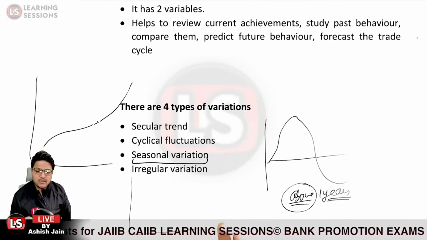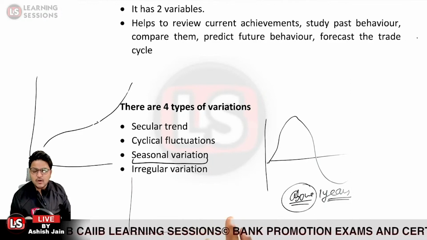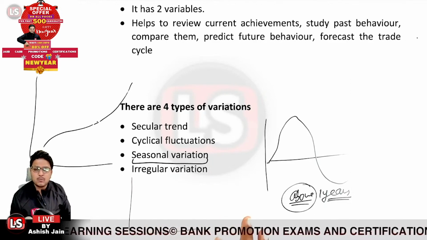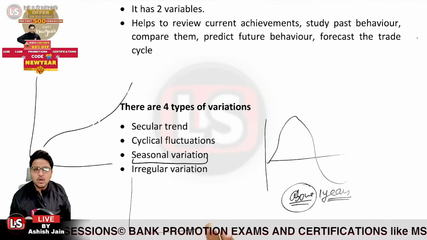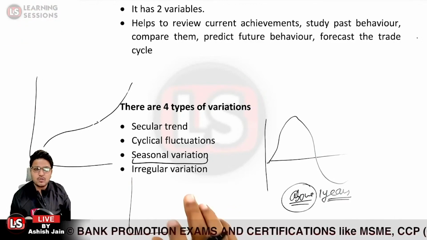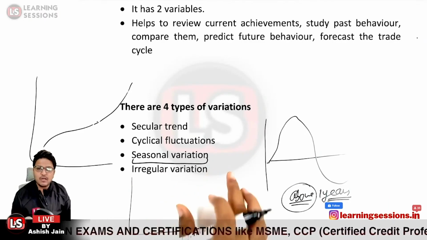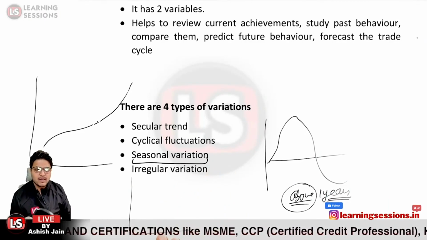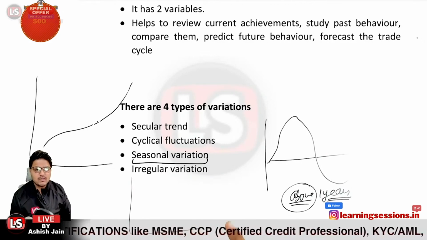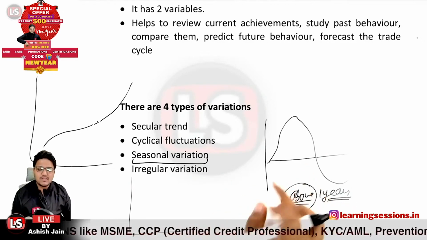Seasonal variation basically means the fluctuations over a time horizon of up to 1 year. That is said to be seasonal variation. Now, what is the difference between cyclical fluctuation and seasonal variation?